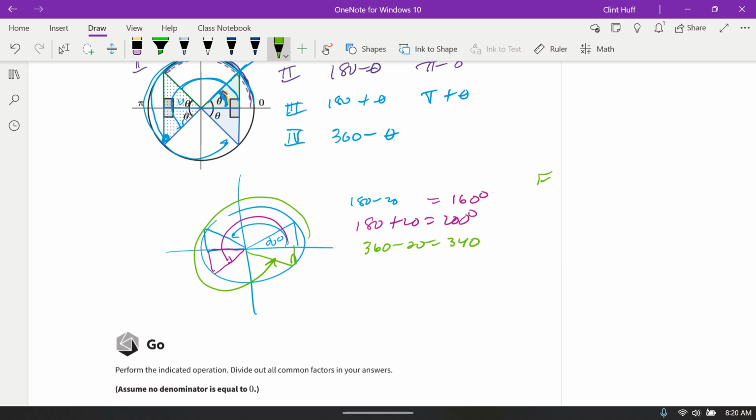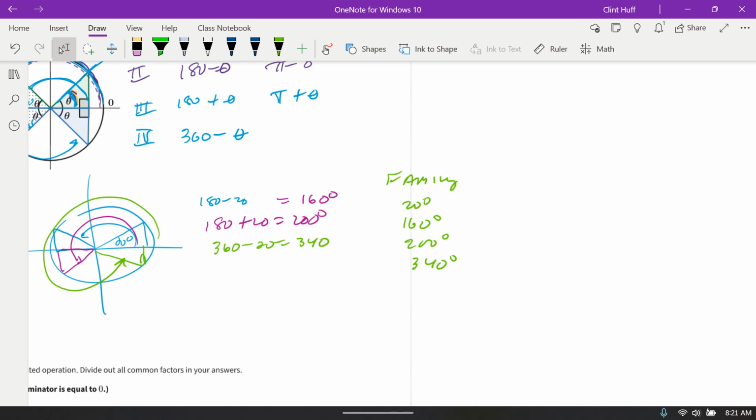So I call this a family: 20 degrees in the first quadrant, 160 in the second, 200 in the third, 340 in the fourth. So if we started with 10 degrees, it's going to be 10 degrees in quadrant 1, 180 minus 10 in quadrant 2, 180 plus 10 in quadrant 3, 360 minus 10 in quadrant 4.